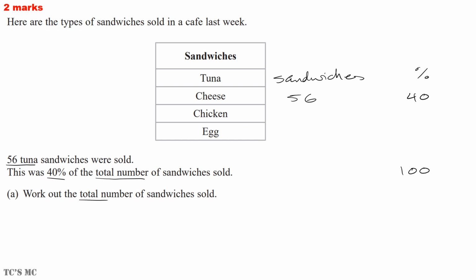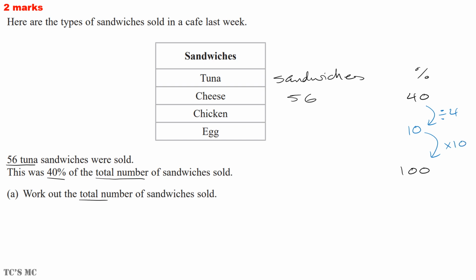Now we need a common factor of 40 and 100. It can be any common factor. I will use 10. 40 divided by 4 is 10. 10 multiplied by 10 is 100.